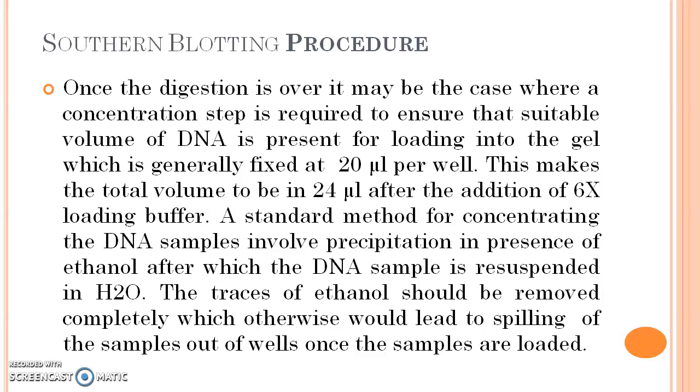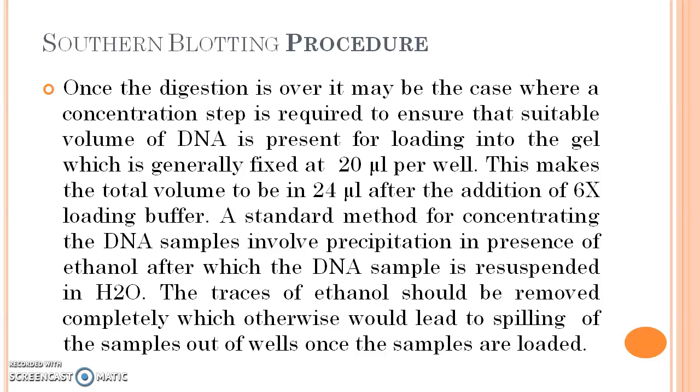Once the digestion is over, it may be the case where a concentration step is required to ensure that a suitable volume of DNA is present for loading into the gel, which is generally fixed at 20 microliter per well. This makes the total volume 24 microliter after the addition of 6-times loading buffer.